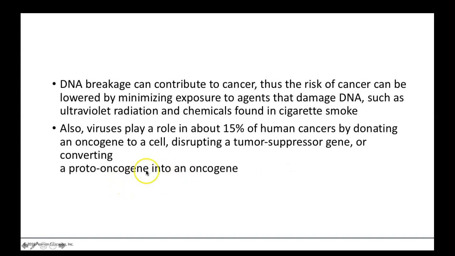All I want you to know is that they can cause an oncogene, a gene that stimulates the cell cycle, and then they mess up the tumor suppressor genes, the ones that stop the cell cycle. So what you have here is a recipe for uncontrolled cell division.